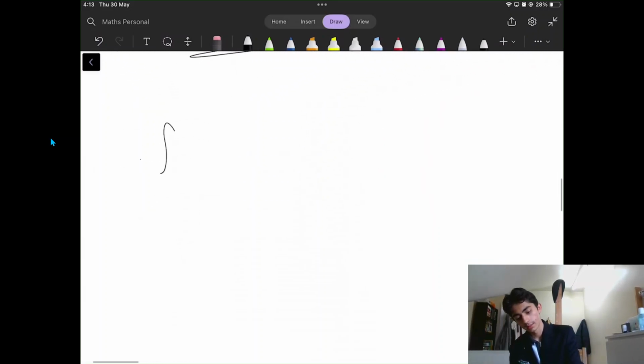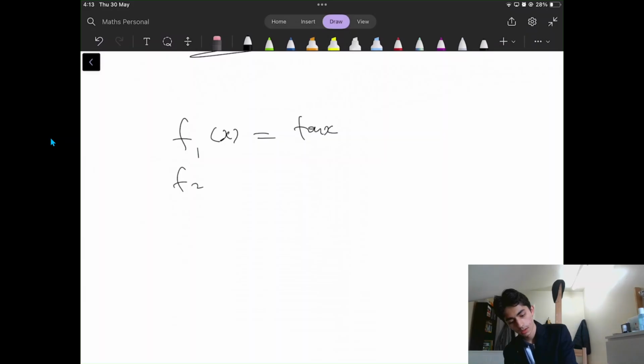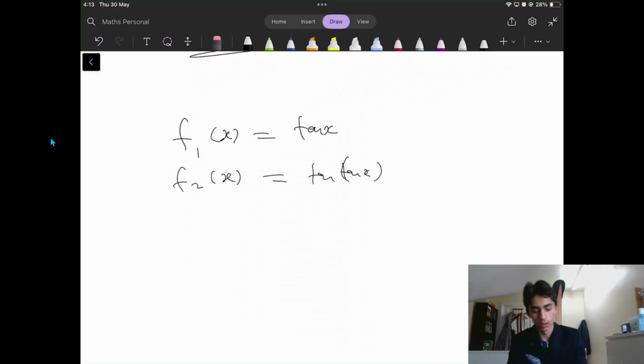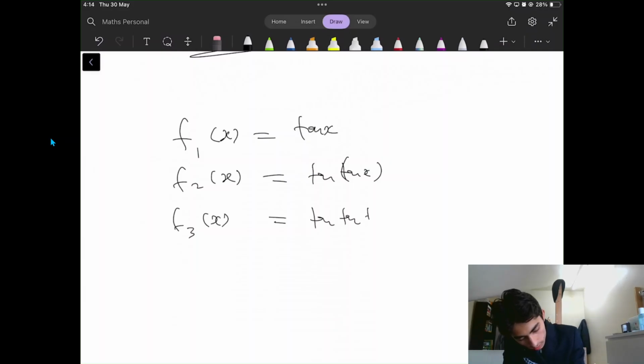So let's define f1 of x to be tan x and f2 to be tan of f1 of x. Okay, so far so good. f3 to be tan of f2 of x and f4 to be tan of f3 of x.